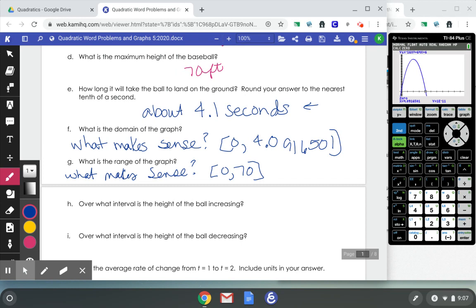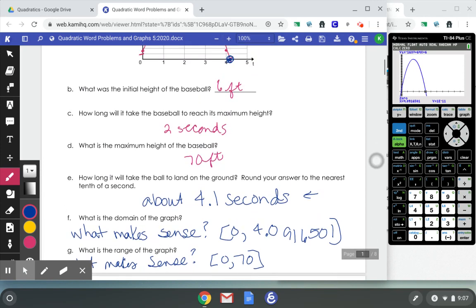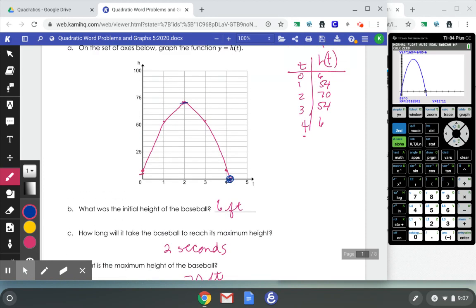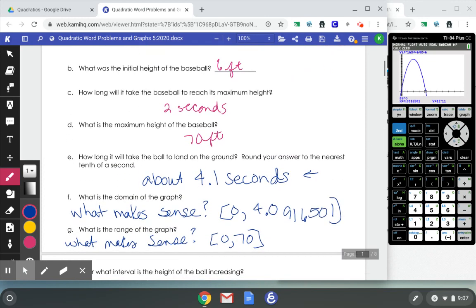Okay. Over what interval is the ball increasing? Okay, increasing, remember, means the output is going up. So from here to here, our ball is increasing in height. Okay?